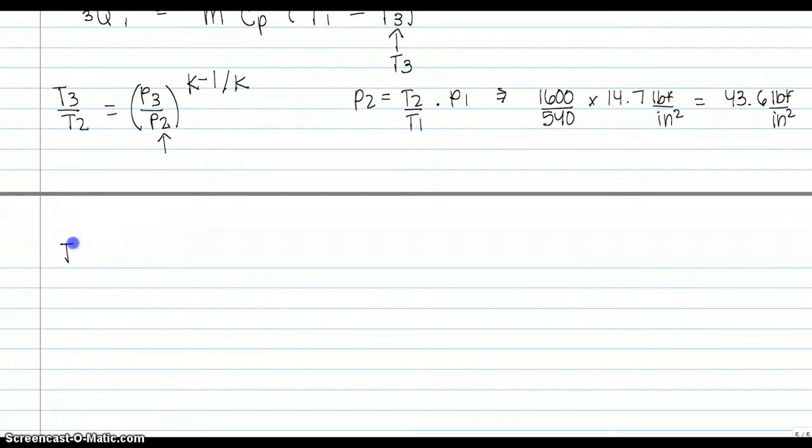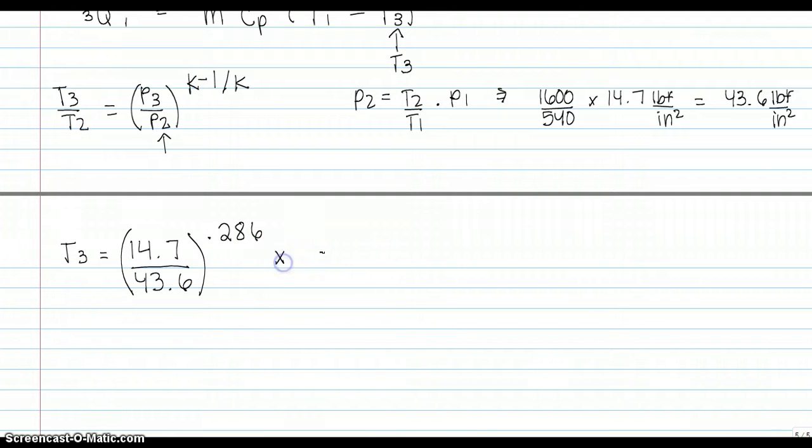Now that we have pressure 2, we can find T3. T3 is going to be equal to the pressure at state 3, which was 14.7, divided by the pressure at state 2, which is 43.6, all to the power of K minus 1 divided by K, which simplifies to 0.286, and then you multiply that times T2, which was 1600 degrees Rankine.